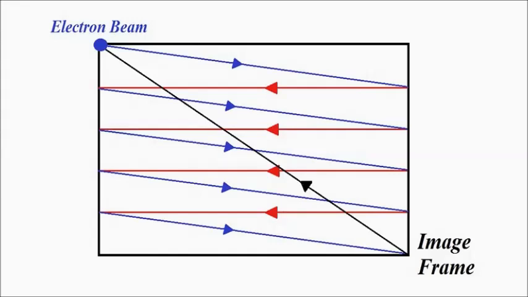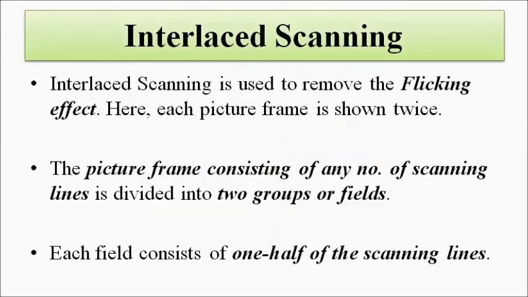So in order to counter the problem of this flicking effect, interlace scanning is used. So what is done in interlace scanning? Whatever picture frame we are taking, it is divided into two groups, two fields.